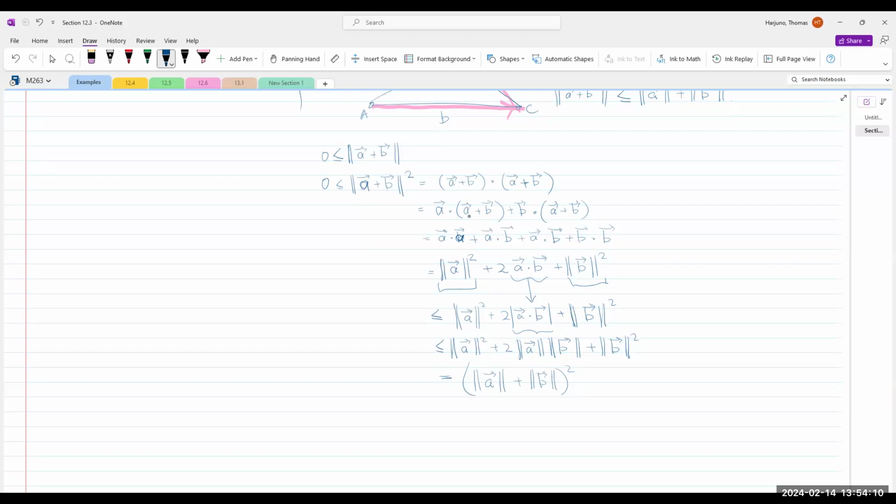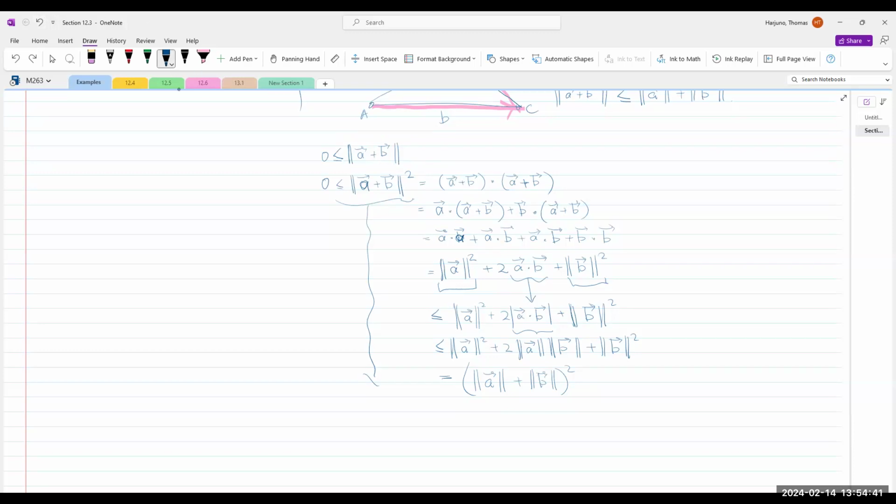Therefore, when I go back and do the square root, because this is positive, and therefore this is also positive, I'm referring to this one. This is positive. So when I apply the square root to this, to recover the magnitude of A plus B, I will still get a positive part.